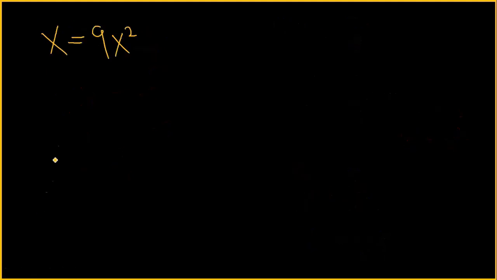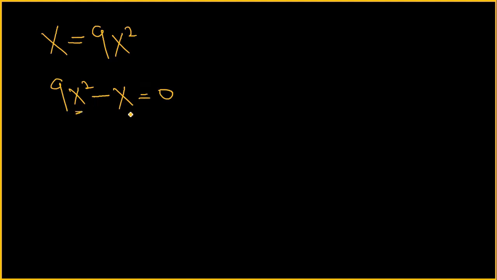So how do we find the value of x? Here I'm taking this x to the other side. I have 9x squared minus x equals 0. And resolving this, we have a common thing, x.